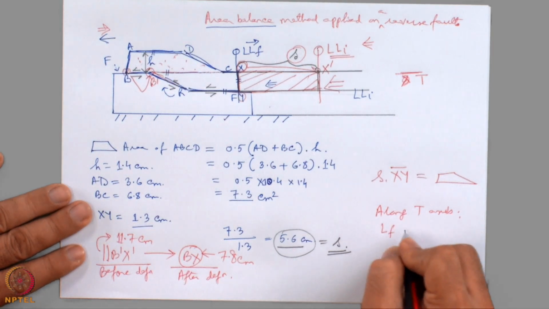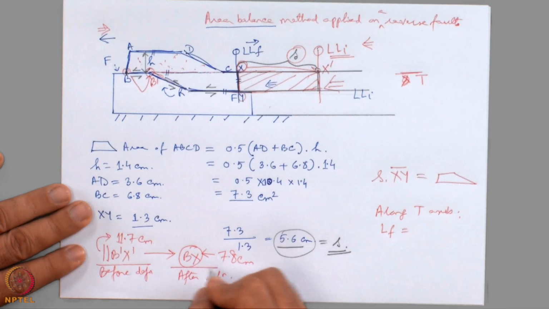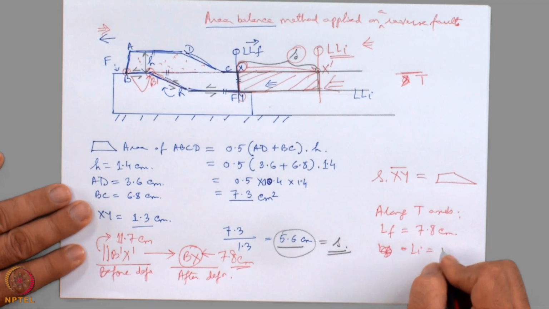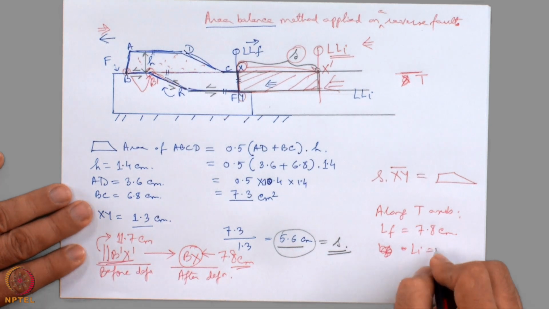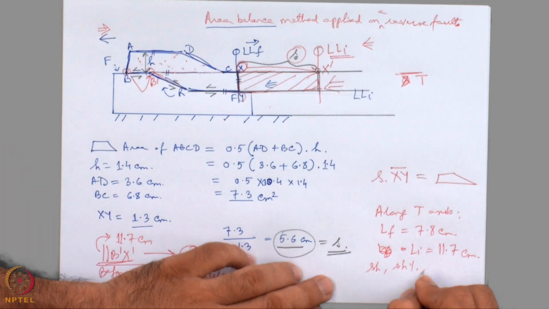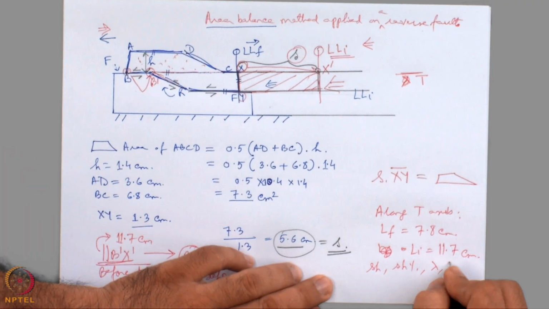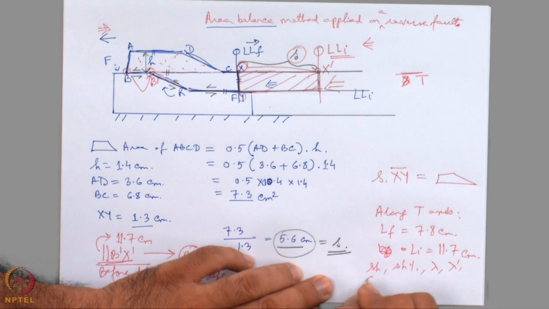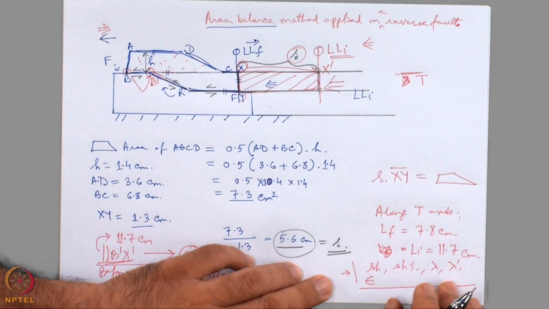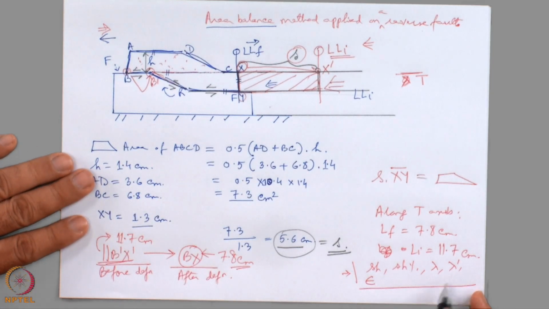The length final is the Bx length and the length initial is B dash X dash length. Now, students have to find out the shortening percent, quadratic shortening, reciprocal quadratic shortening and fundamental strain. Students must do this and do not ignore this simple exercise so that you become fast in calculating these parameters.